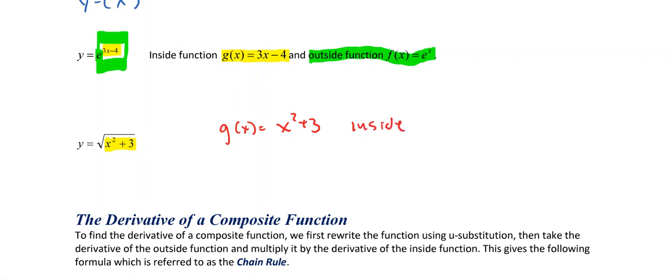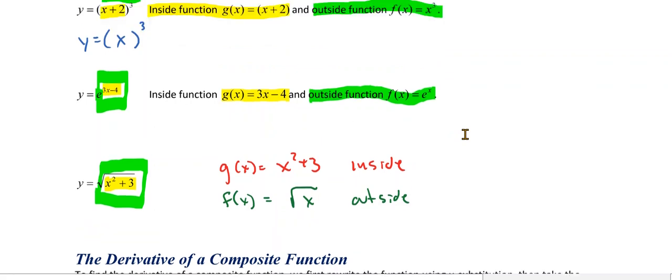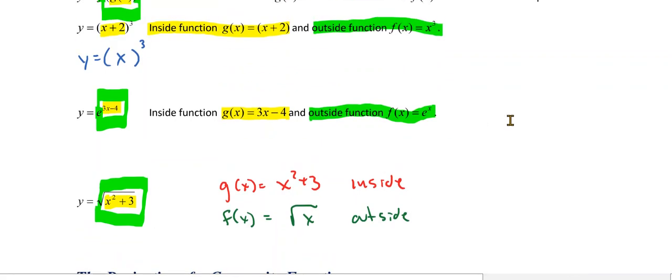And then the outside function is the square root sign. So we can say that the outside function, f of x, is equal to the square root of x.